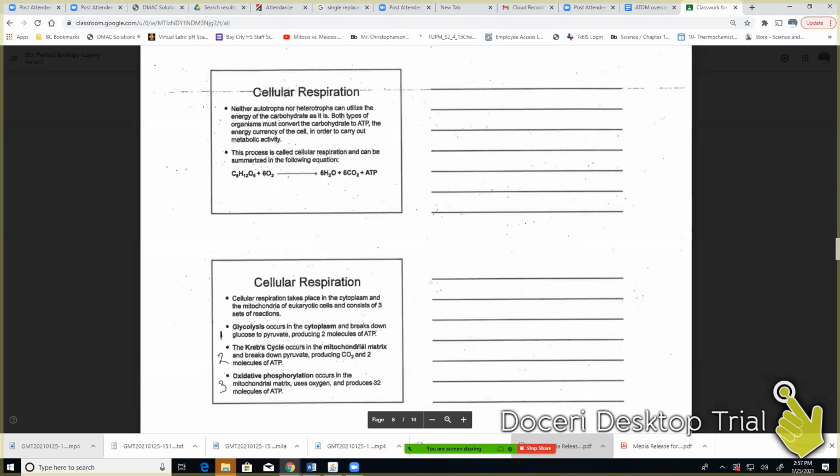So those are my 3 different parts that make up this cellular respiration. Oxidative phosphorylation is more commonly called the electron transport chain, and I'm going to make that ETC shorthand.